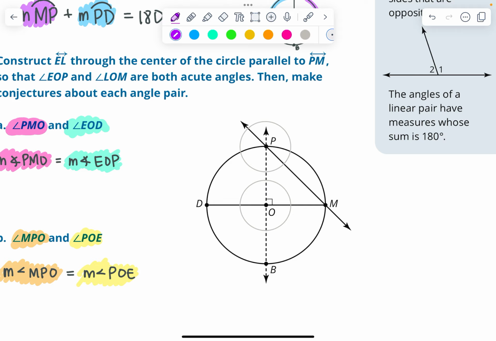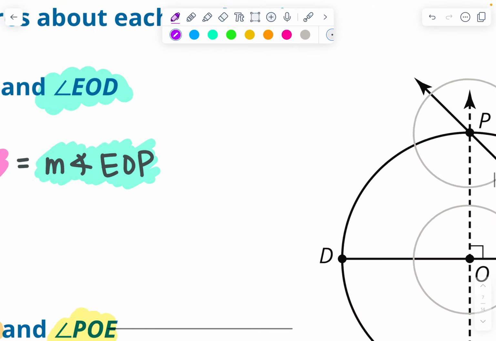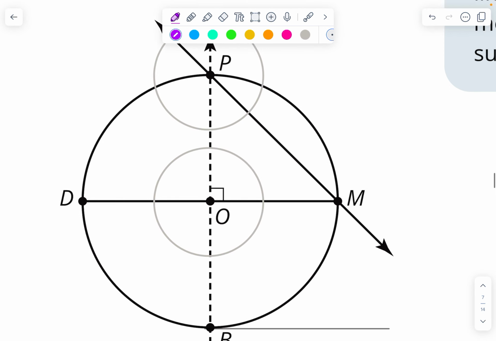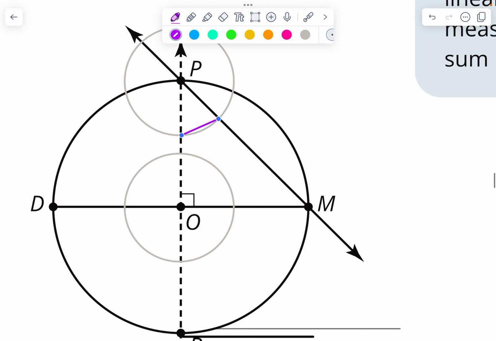All right, the next thing I want to do is get the distance from here to here. And I want to duplicate that distance there. And then it should create an intersection here.